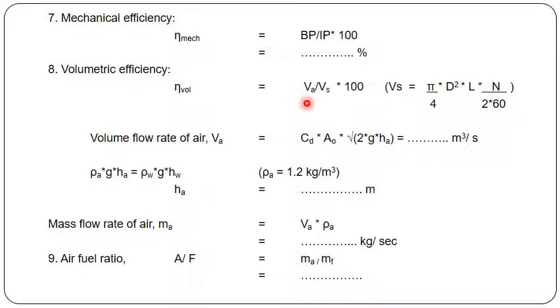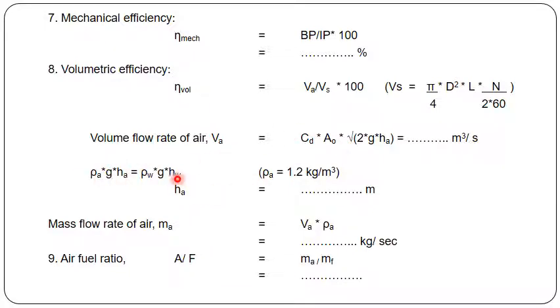In our setup we have used an orifice meter, and across this orifice meter we have used a manometer in order to obtain the flow rate. The manometric difference is noted down, which is denoted as Hw, and from Hw we can easily get the value of Ha by equating the pressure difference in terms of water column and air column.